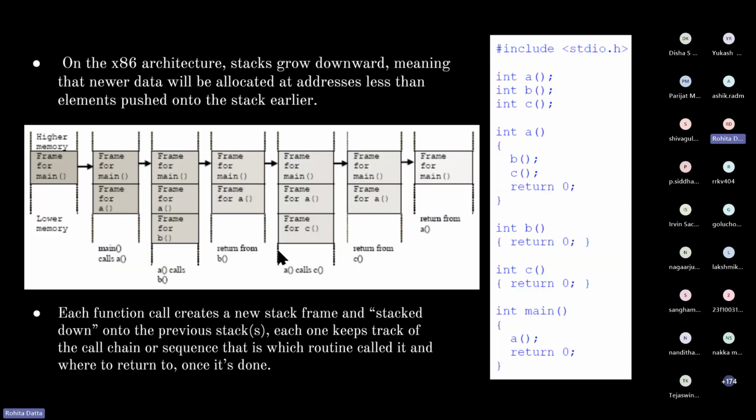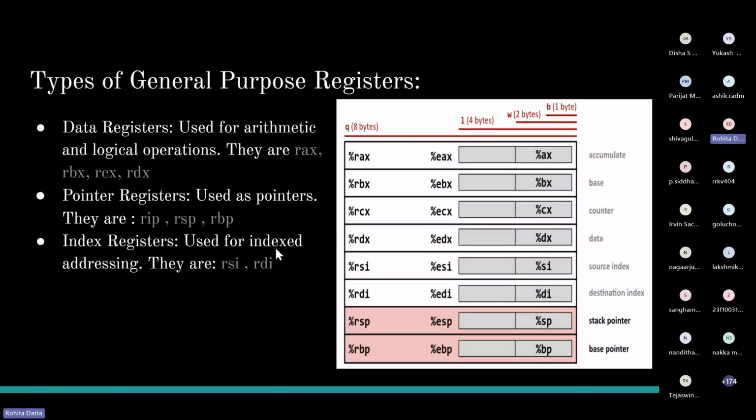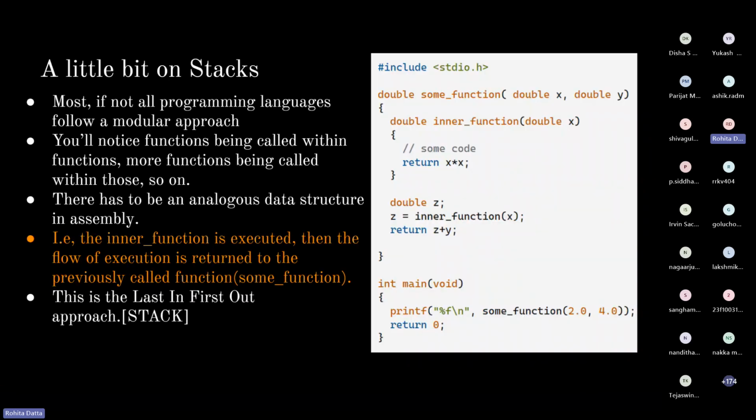Now we have to get to what a stack is. So you might have noticed that in a lot of programs, you often use functions that you didn't code yourself. You might call functions like printf in your main function, but you haven't really written the code for them.